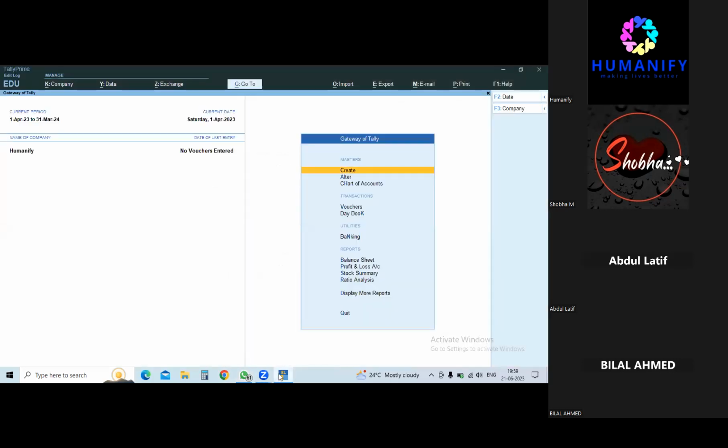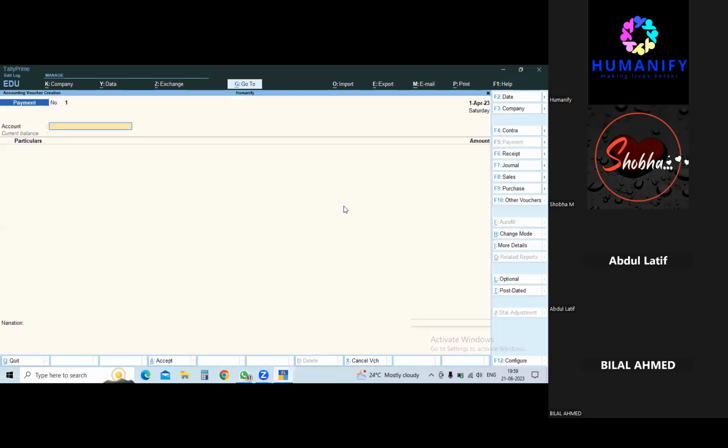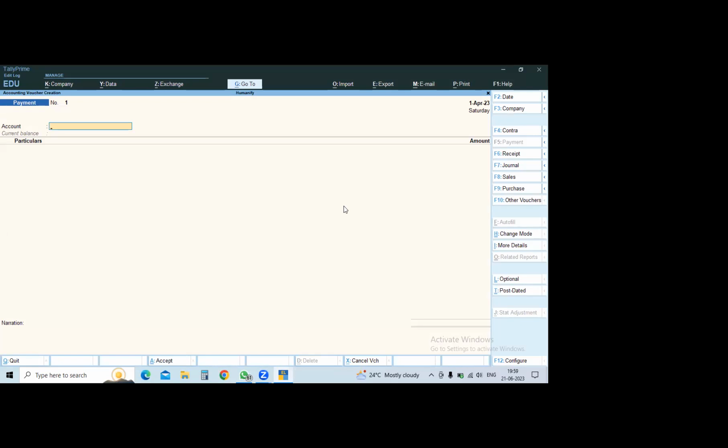In Tally, go to vouchers. In the vouchers, first you have to do the change mode. Click on Contra, F4 shortcut key. On the right side you can see the change mode option.